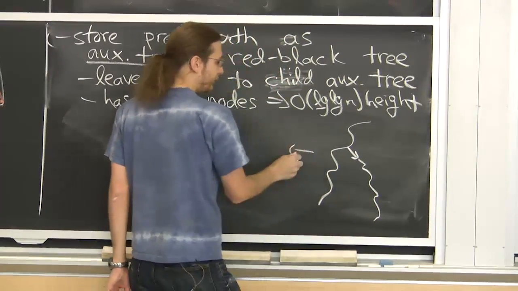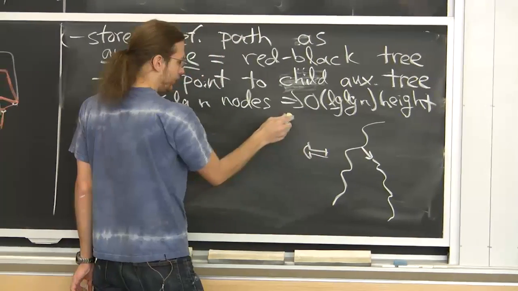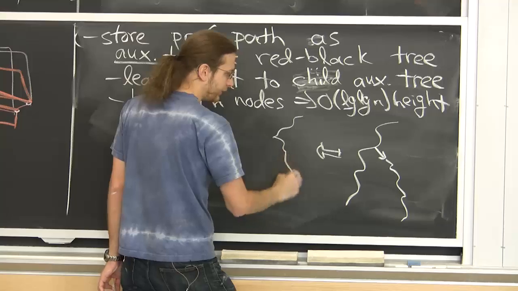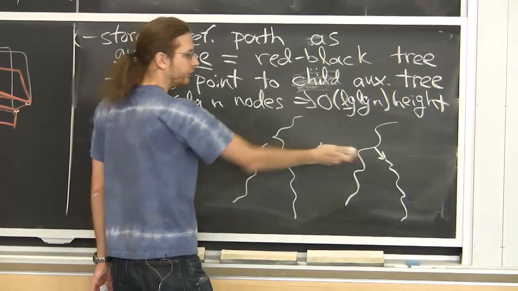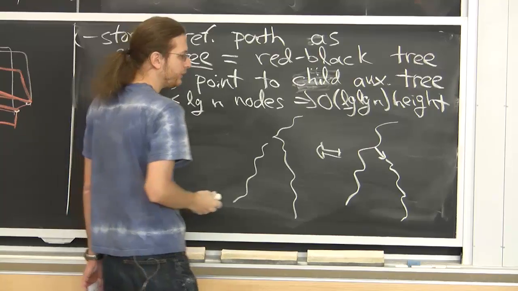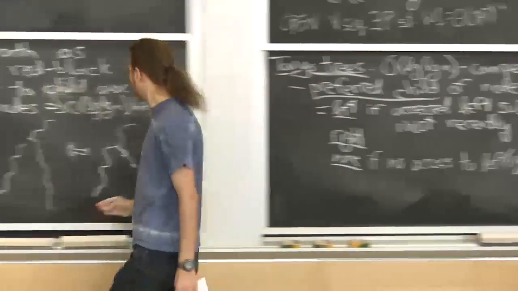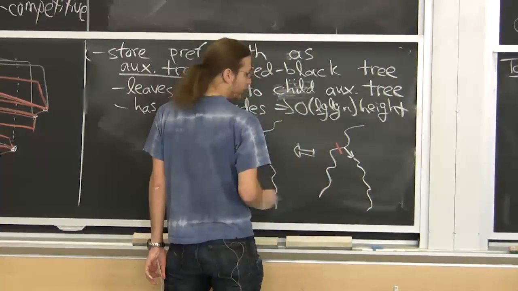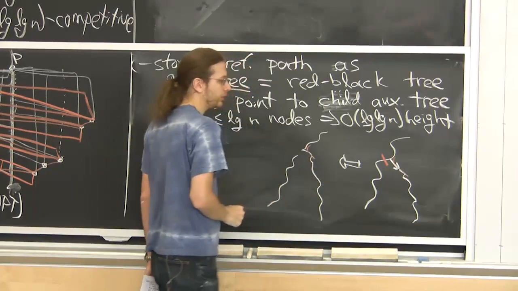I need to convert this into a path that goes like this and then does this, and separately a path that does this. That's the new version. How do I do that? Conceptually, it's pretty simple. I want to cut the path here and then rejoin along there, like that.